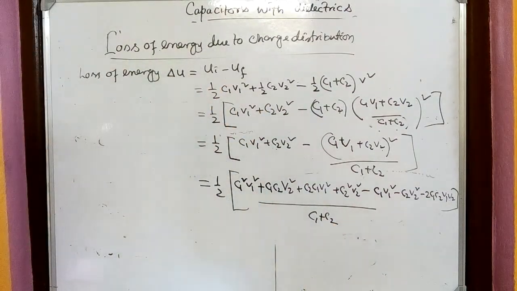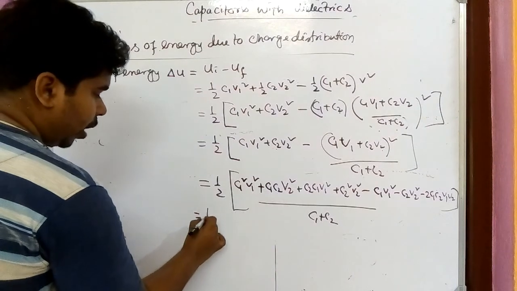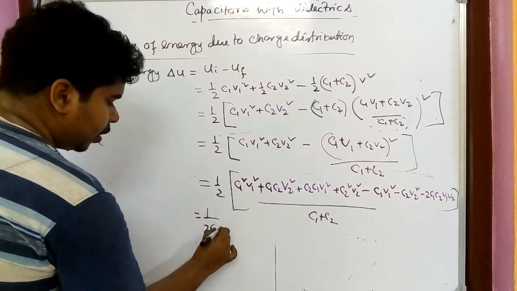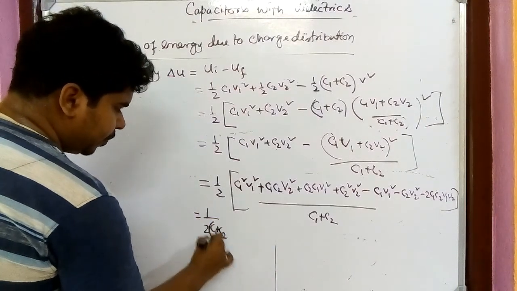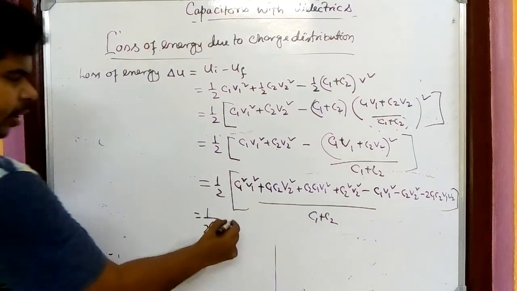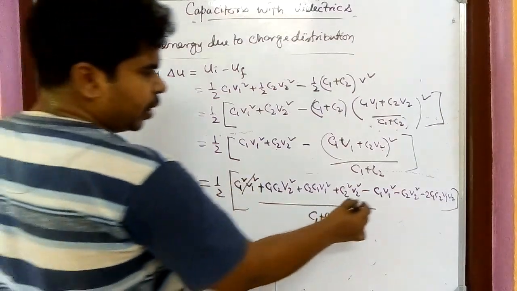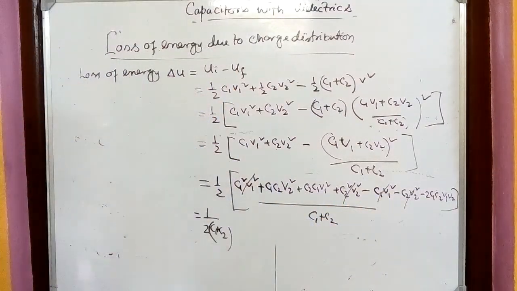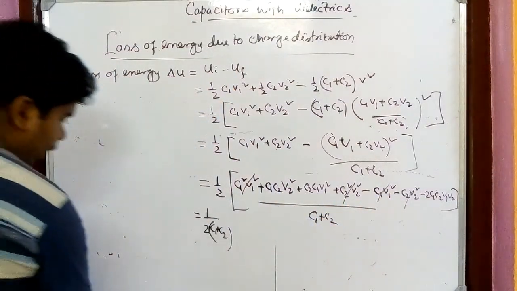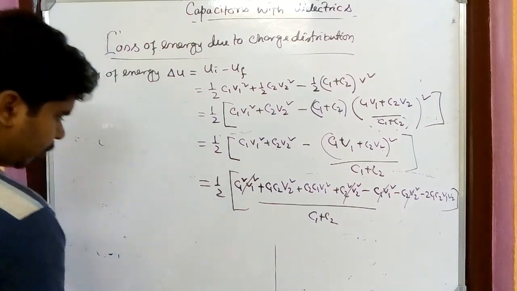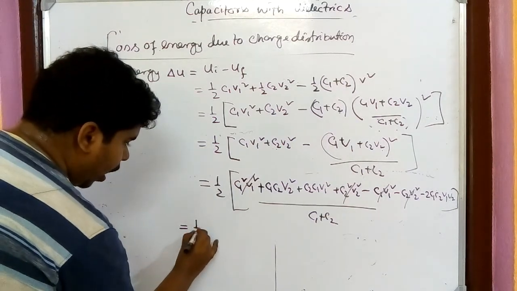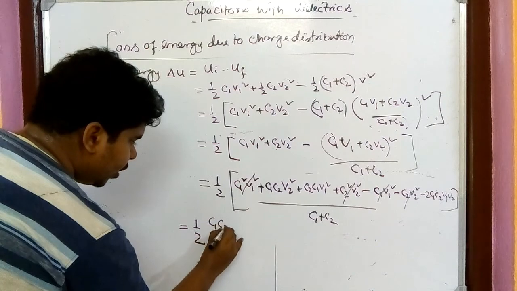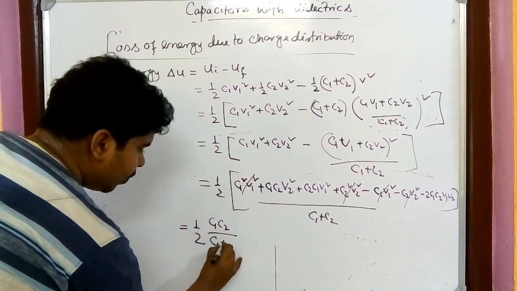So we can take C1 plus C2 out. Okay, so it is 1 by 2 C1 plus C2, we are taking outside. Here you see C1 V1 square, C1 V1 square, C2 V2 square, C2 V2 square, it is gone. Now one thing should be common again, so we will write it together. Half of C1 C2 by C1 plus C2.